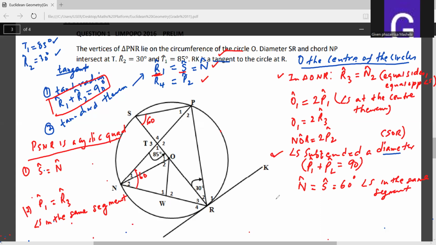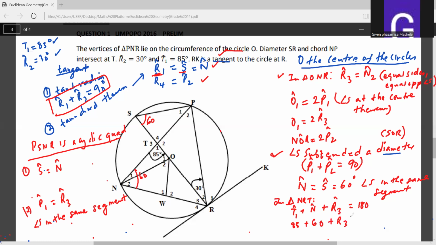But I also say in triangle, what is the name of the triangle? Let's specify. In triangle NRT, if we take T1, we combine with the whole of angle N, we combine with R3. This will give us 180. And T1 we already know it's 85. T2, I'm saying angle N is 60.